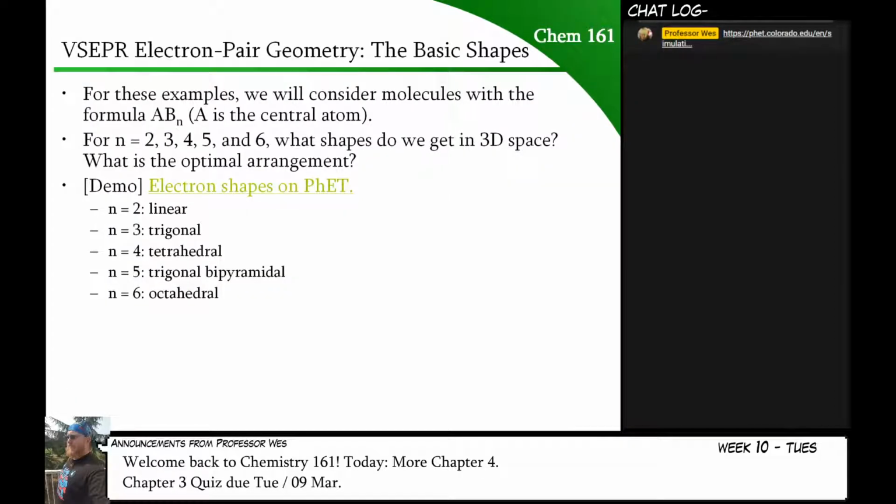Those names are shown on the slides right here. If you have 2 electron groups, the arrangement is going to be linear. 3 is trigonal, 4 is tetrahedral, 5 is what we would call trigonal bipyramidal, and then 6 is octahedral.